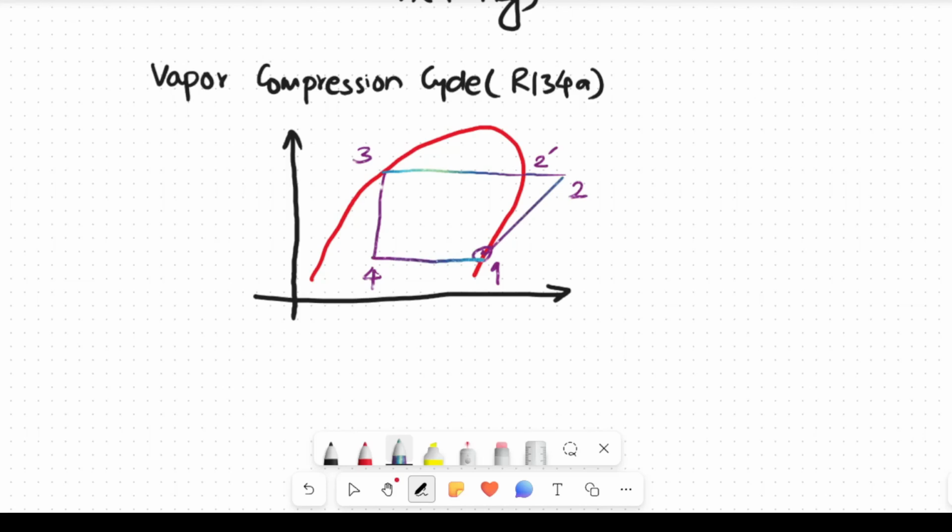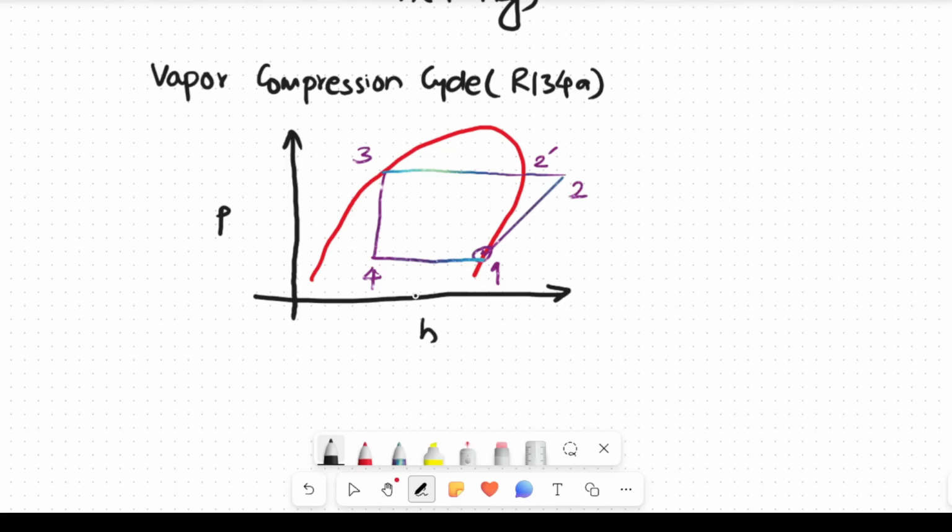Now this is the vapor compression cycle in case of R134A, with some assumptions that we will not talk about. So this pressure enthalpy chart is used to show the cycle in an organized way.